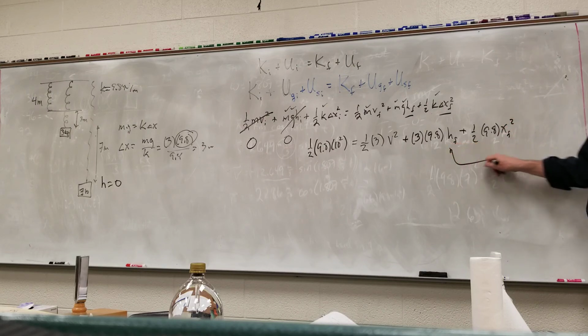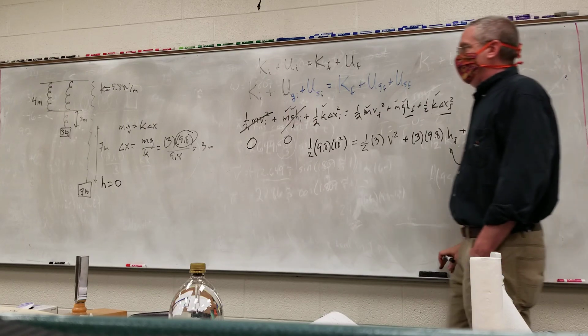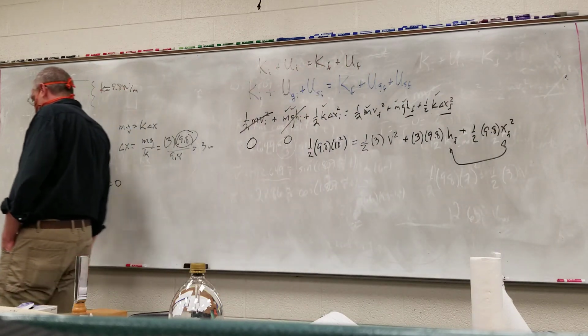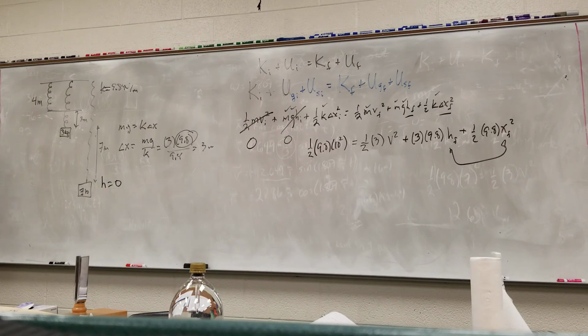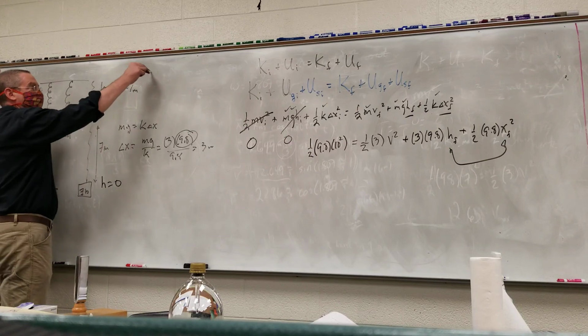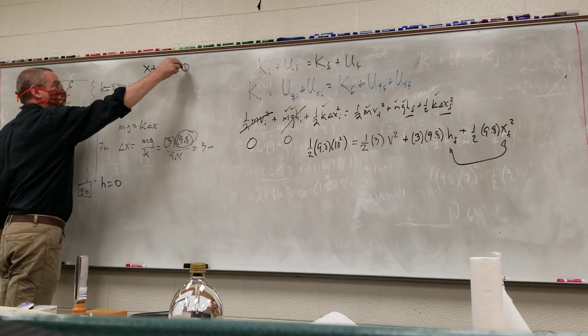So I need some relationship between h final and x final. When h is 0, x is 10. As x gets smaller, h gets bigger, so they are opposite each other. Since x is the distance from here to wherever the mass is, and h is the distance from here to wherever the mass is, I know that x plus h is equal to 10.